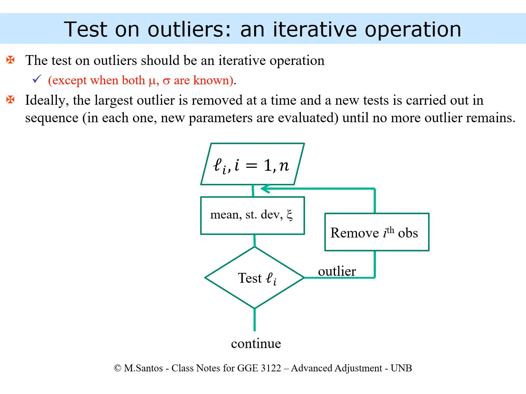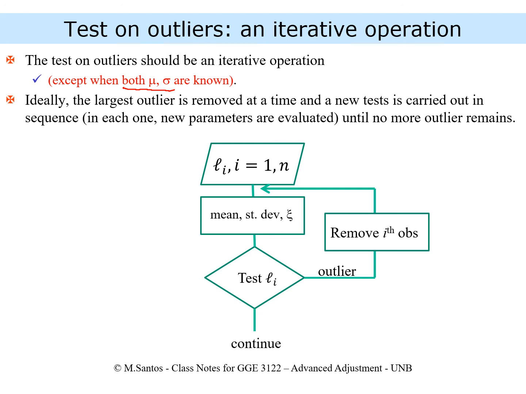Test for outliers is an iterative operation, except when both population parameters are known. And this is the interesting thing. The largest outliers are removed first.